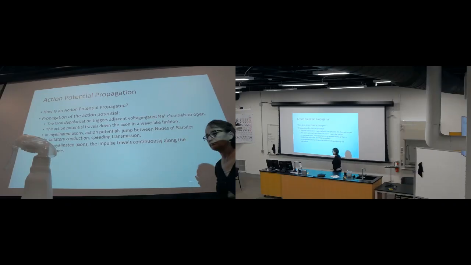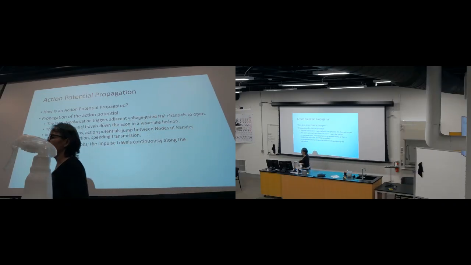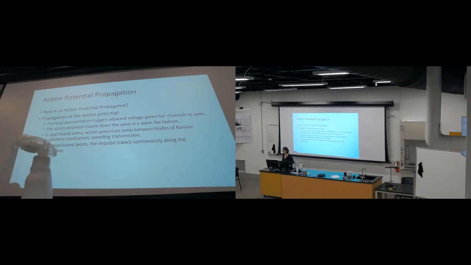And then for the propagation, well, the propagation can happen in two ways. By having opening of these sodium channels in between the nodes of Ranvier, and that will give you a saltatory or jumping action potential, which propagates much faster than continuous propagation of the action potential.